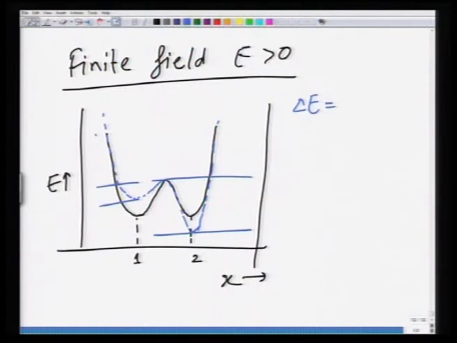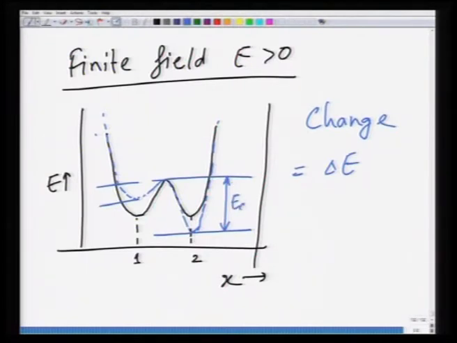I will give you the value of this delta E a little later, but let us say the change is equal to delta E. So, the energy on this side increases by a magnitude Ea plus half delta E, and the energy on this side becomes Ea minus half delta E upon the application of the electric field.